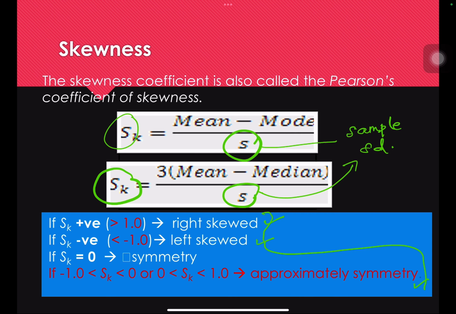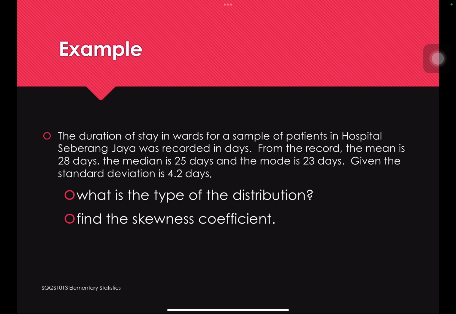Alright. Do we have examples? Alright, so there are examples here. The durations of stay in wards for samples of patients in hospitals around Jaya was recorded in days. From the record, the mean is 28 days, the median is 25 days, and the mode is 23 days.